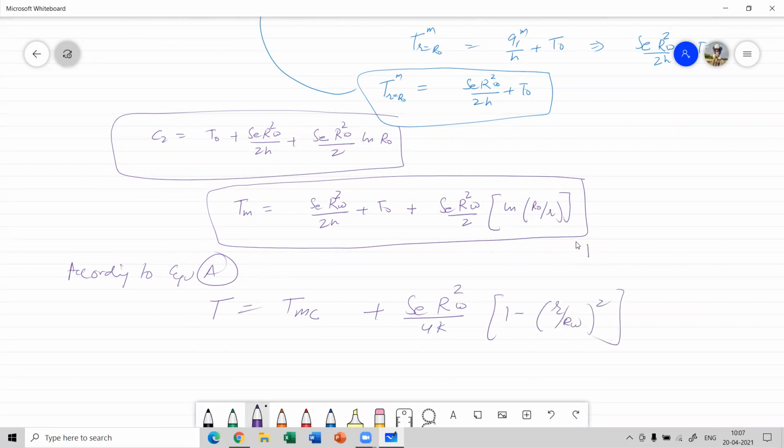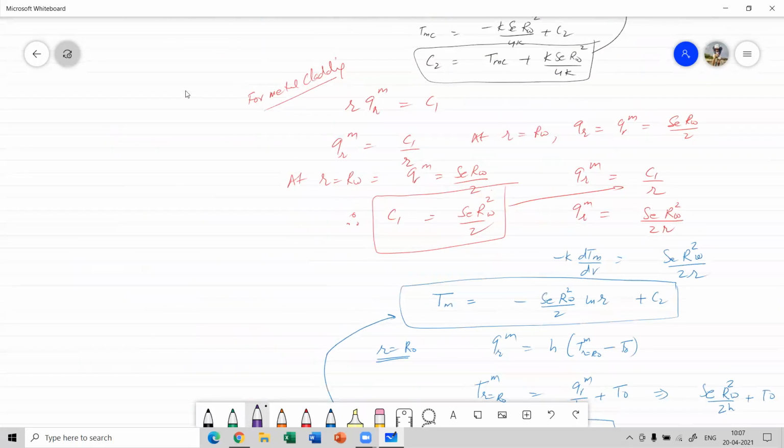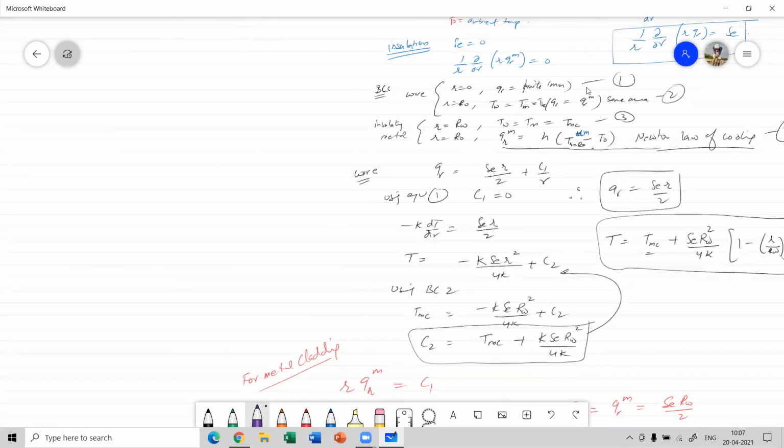Now, this Tm and TMC are the same because we have said in the boundary condition that both the temperatures are almost the same, that is TW is equal to Tm is equal to TMC.